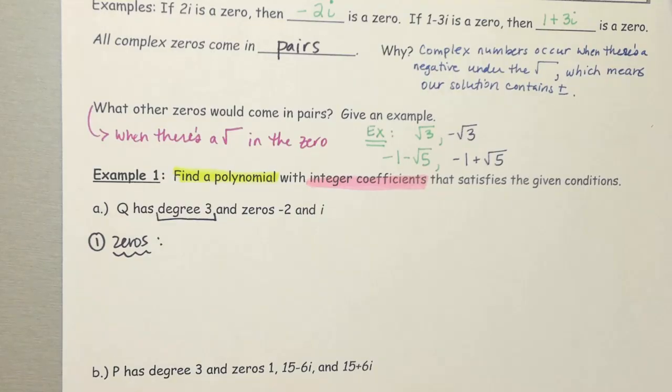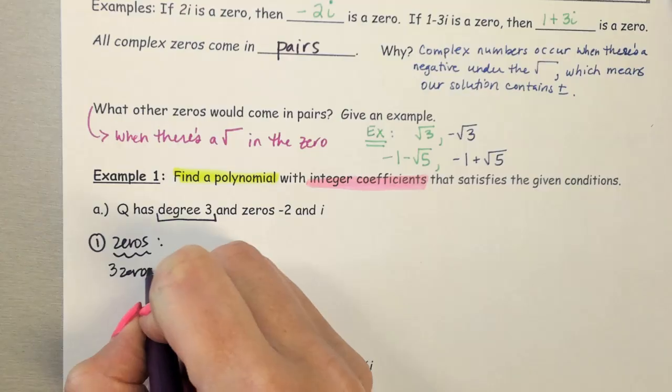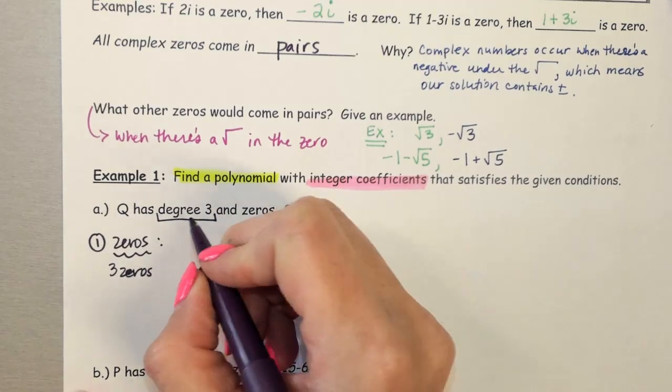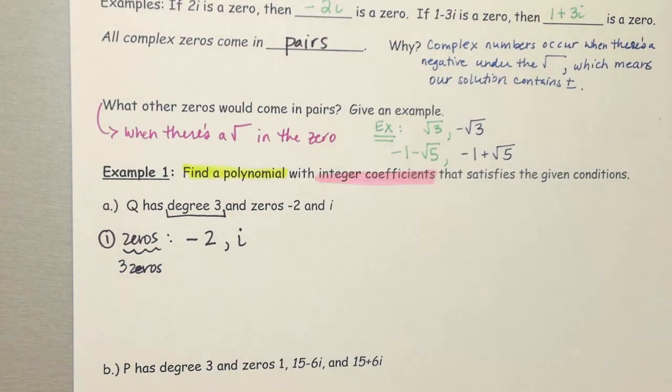But they only gave you -2 and i. What other value has to be a zero based on the theorem that we just talked about? Yeah, -i. So that's going to be your third one.